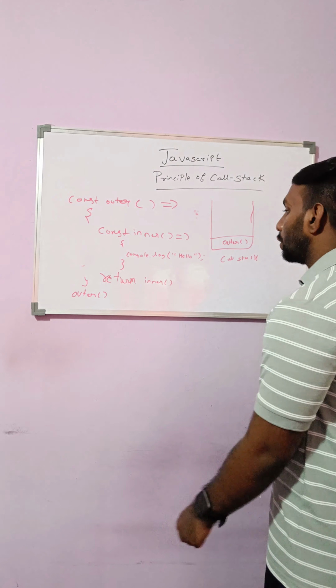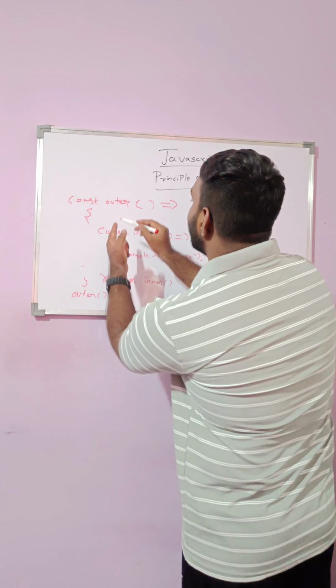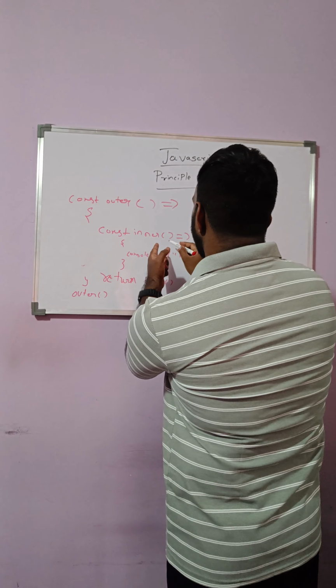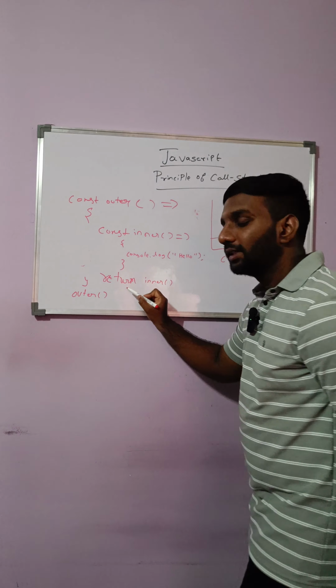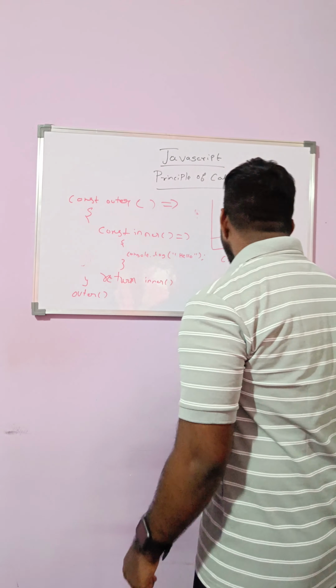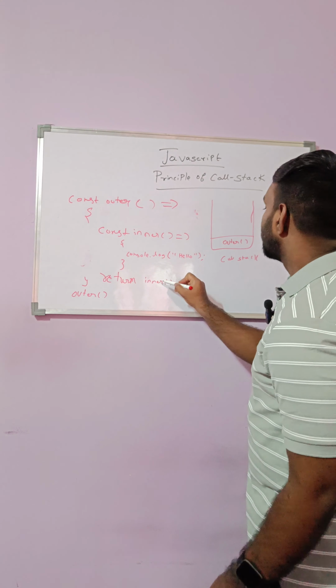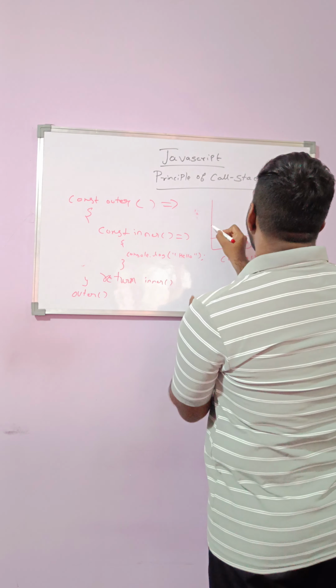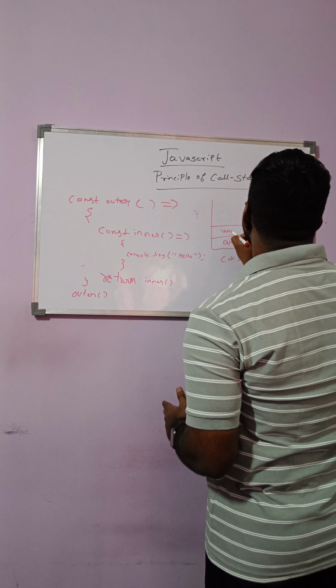Inside the outer function there is an inner function, and they are returning the inner function. The inner function is also an executable statement. The inner function comes in and sits at the top of the call stack.